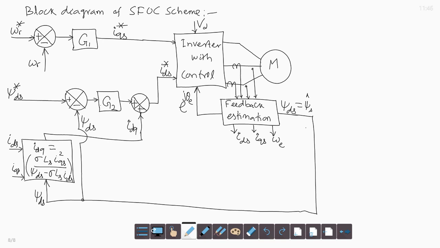Then you can see we have a block which generates the slip speed according to the equation 1 plus sigma s Tr, Ls into IQS divided by Tr into psi ds minus sigma Ls IDS.